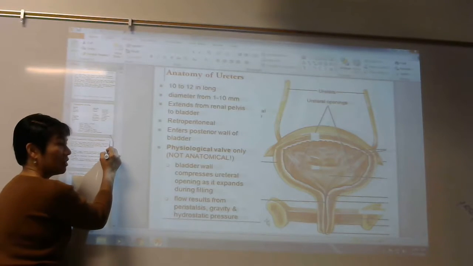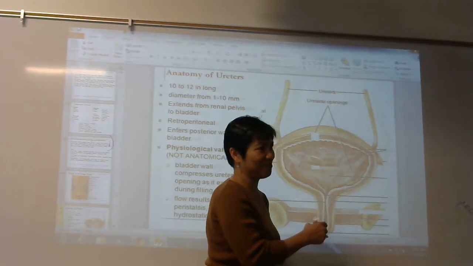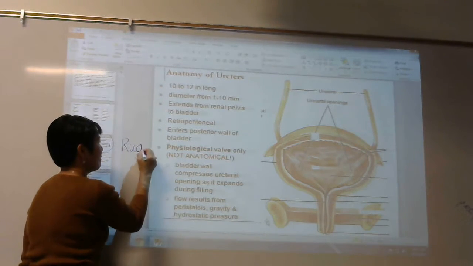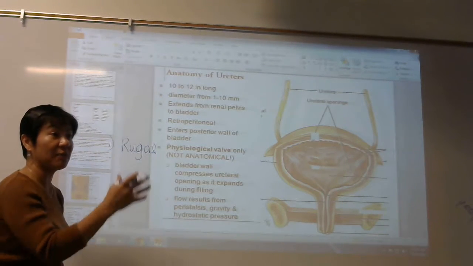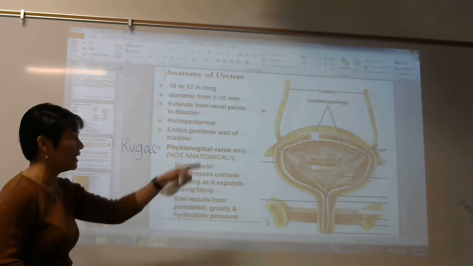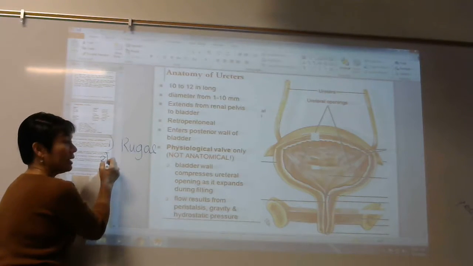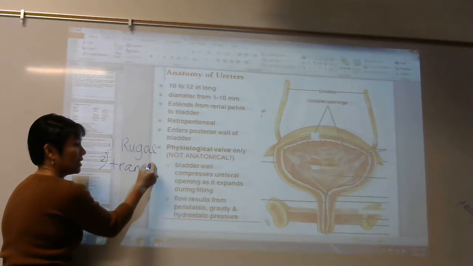Number one, remember, this folds: rugae. You remember rugae? What is rugae? Temporary folds. So when you open the bladder, just like the stomach, cut it open, stretch it, it will be stretching smooth. But normally it's wrinkled like that. Rugae. Number two, I'm sure you remember this one. Transitional epithelium.